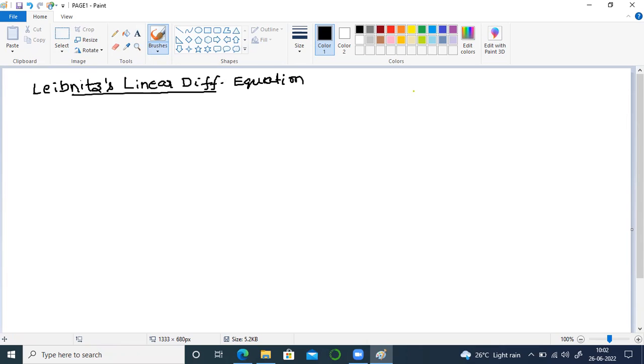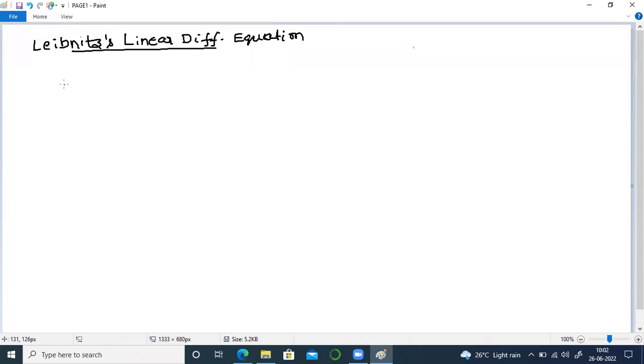So actually, this is also a direct method to solve a particular form of differential equations.